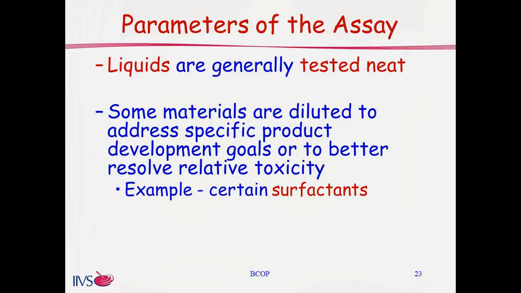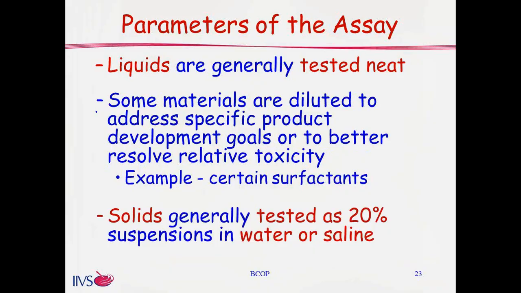Now, there are some materials that we may want to dilute ahead of time, and typically surfactants may fall into this category, where there are a number of protocols that utilize 10% dilutions of surfactant with water. There are reasons for doing that: to compare against existing in vivo data, or the goals may be to obtain greater resolution among test materials to compare various toxicity endpoints.